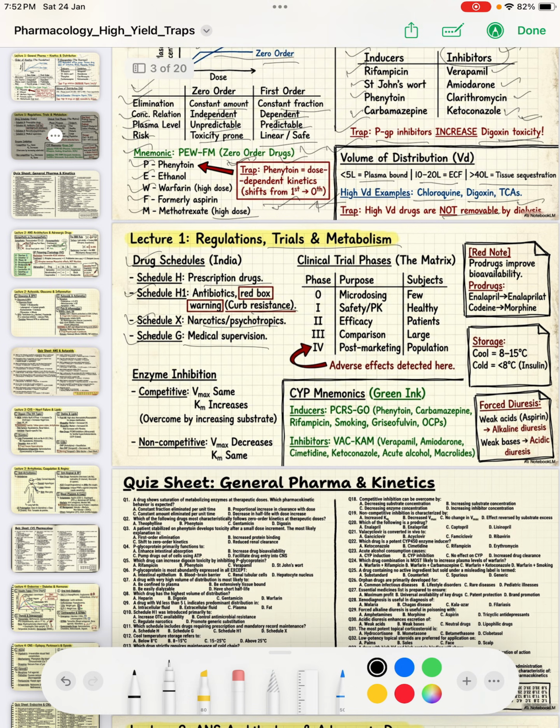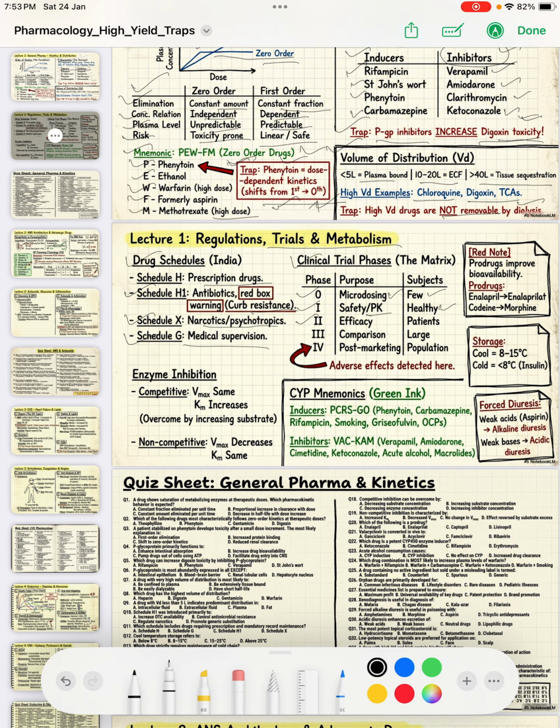Now we move to the clinical trial phases. There are five phases, with a purpose and subjects for each. In phase 0, the purpose is microdosing and subjects are very few. In phase 1, the purpose is safety and subjects are healthy individuals.